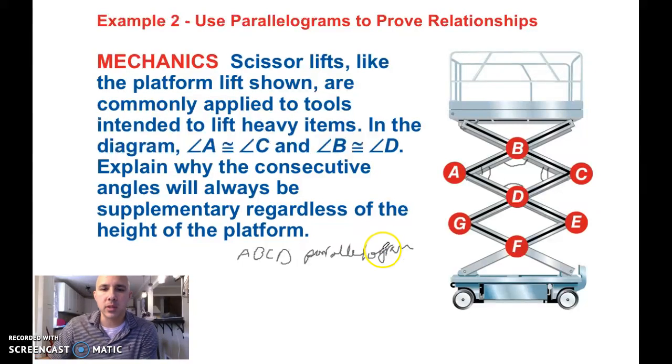So since ABCD is a parallelogram, I know, based on some of the terms we talked about in benchmark 25, since it's a parallelogram, we can safely say that angle B and C will equal 180.